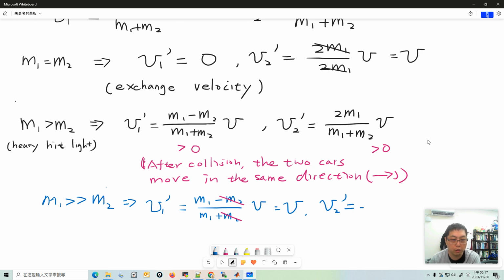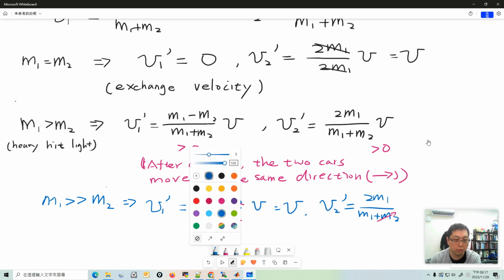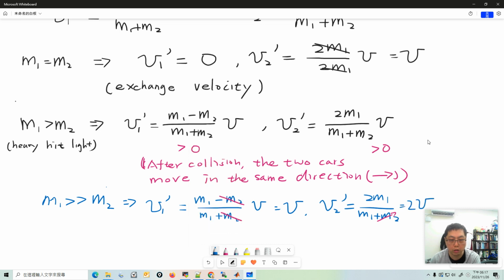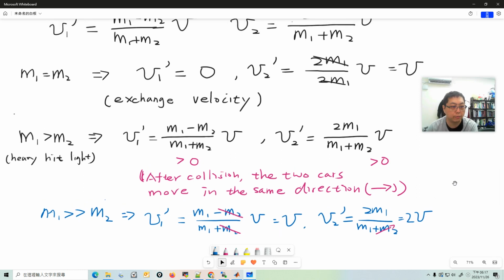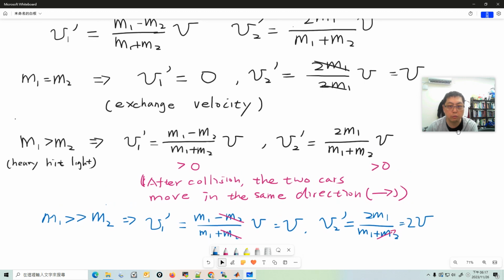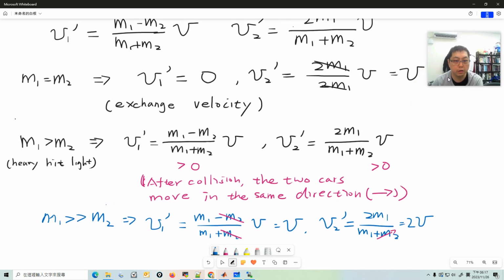It is 2M1 over (M1 plus M2), and the same because M1 is much greater than M2, M2 is not important anymore, so this will give you 2V. Don't forget the initial velocity of V1 is V, and V2 is equal to zero.